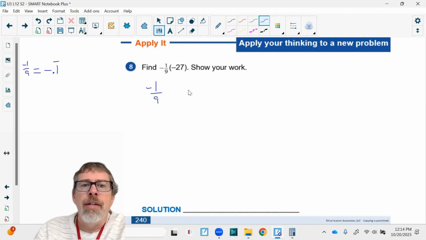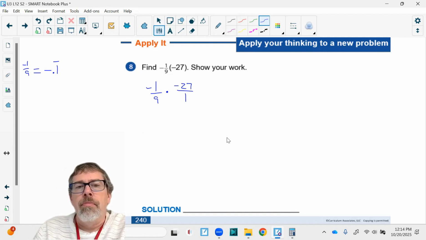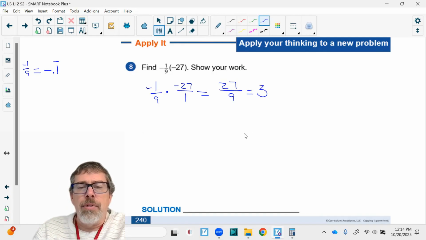Leave it a fraction. And instead, let's make negative 27 a fraction. Okay? So a negative times a negative is positive, and 1 times 27 is 27. 9 times 1 is 9. 27 divided by 9 is 3.